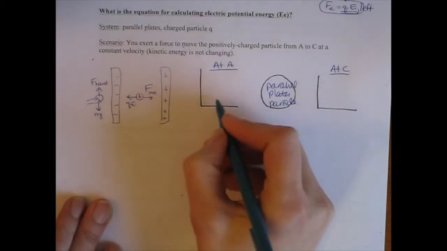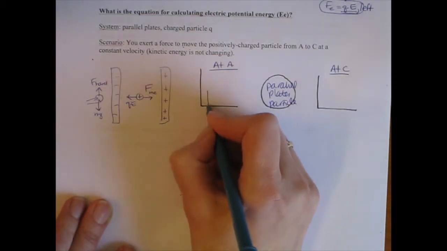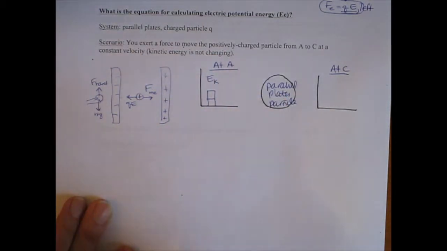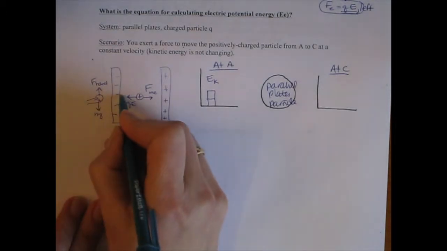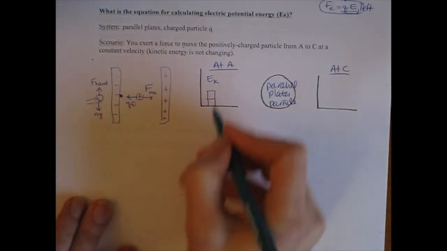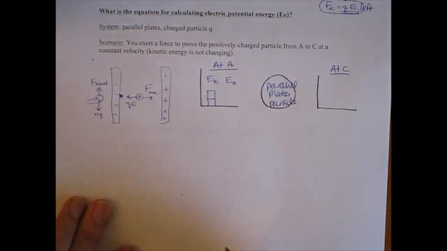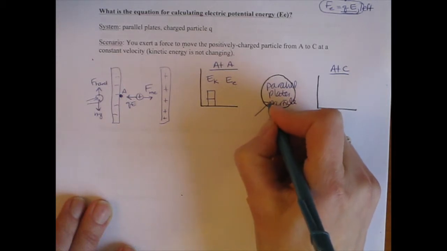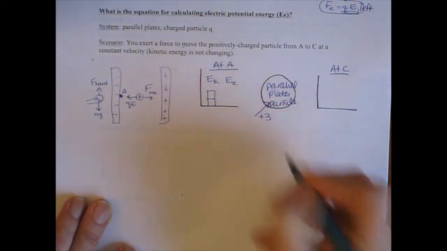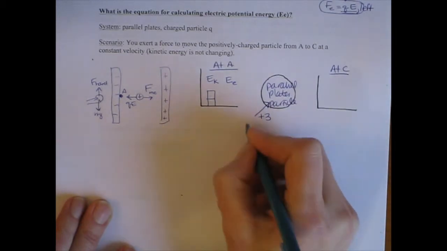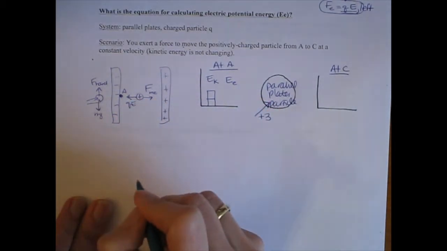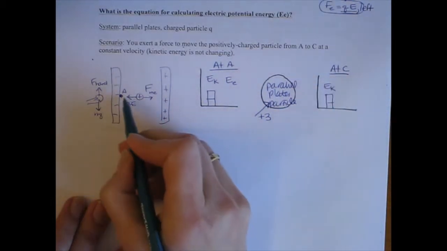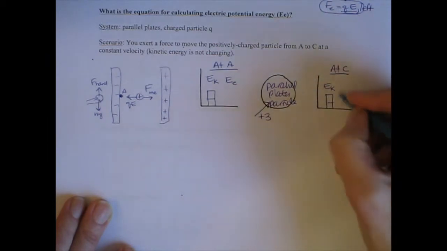At A, let's just suppose it's moving with some velocity. So we have some kinetic energy. And it's starting here at the negative plate. So it doesn't have any electric potential energy at A. Then I'm going to do work, and let's just say I do 3 units of work in moving it from A to C. So then at C, it'll still have the same kinetic energy because I was only just balancing the force.